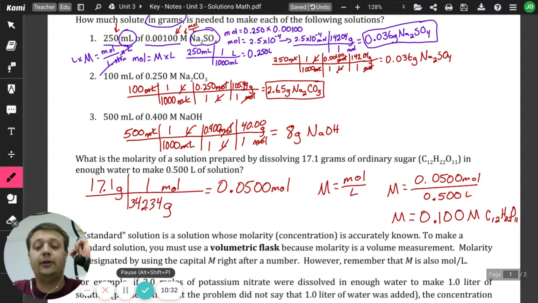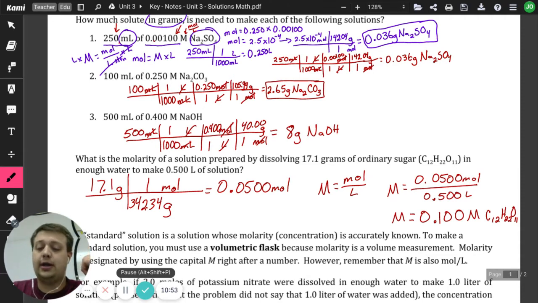First off, we needed to take that 17.1 grams of ordinary sugar and convert it into moles. What we find is we have 0.0500 moles of C12H22O11. After that, we use our molarity equation. So our molarity formula is molarity equals moles of solute over liters of solution.